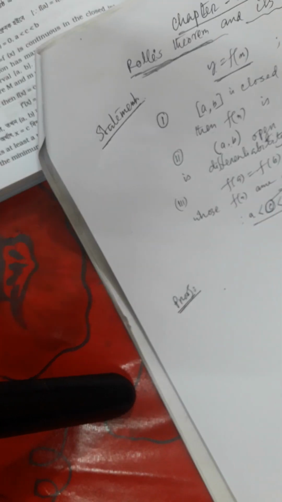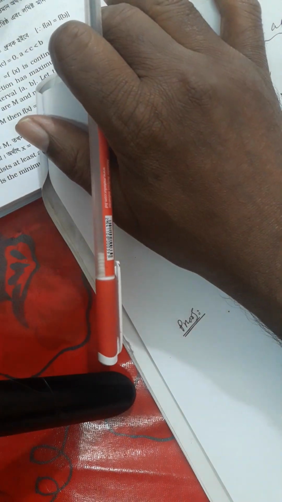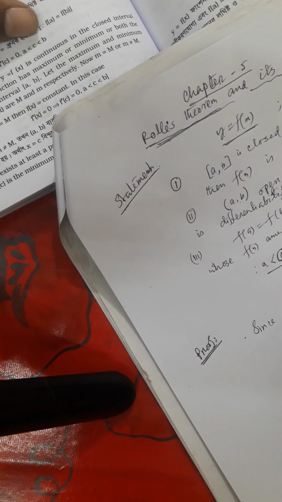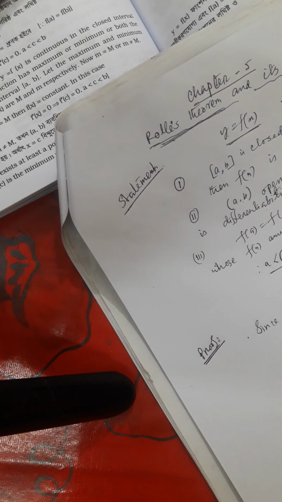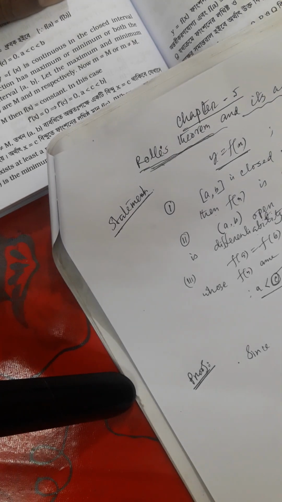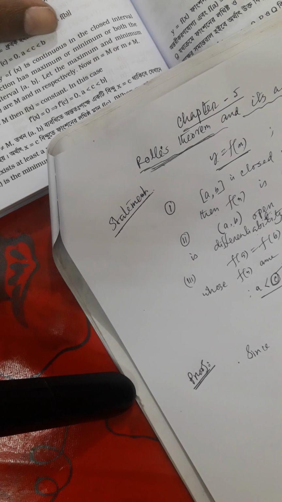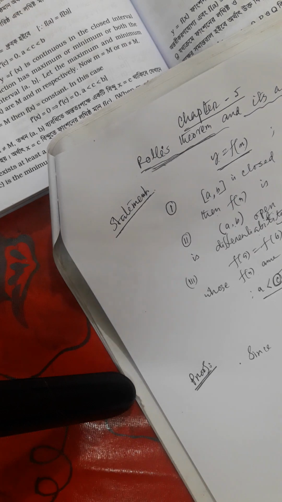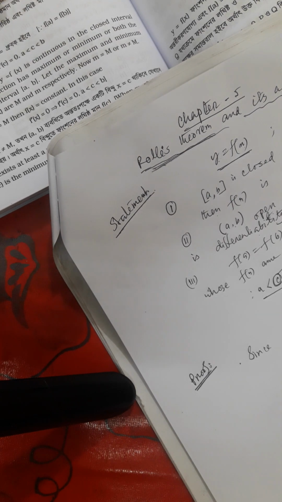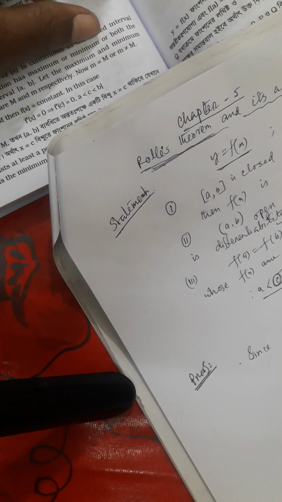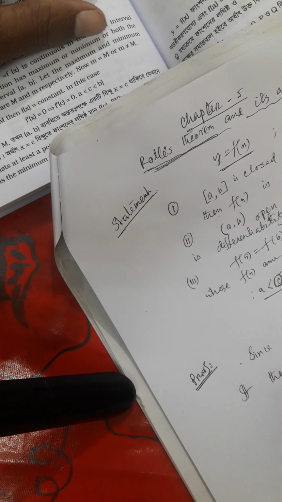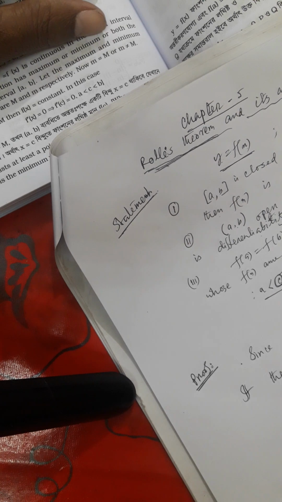Proof means firstly you have to think, since y equal to f of x function is continuity at the interval a to b, and so the function has maximum or minimum or both.